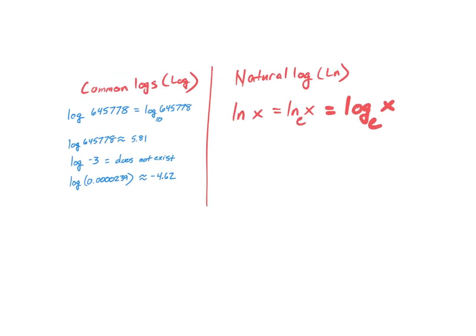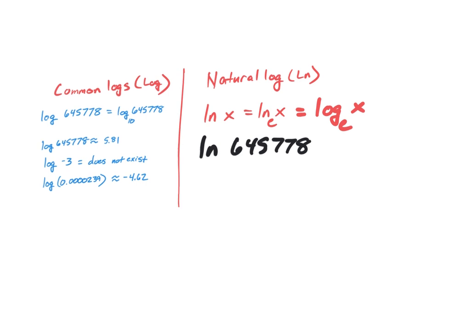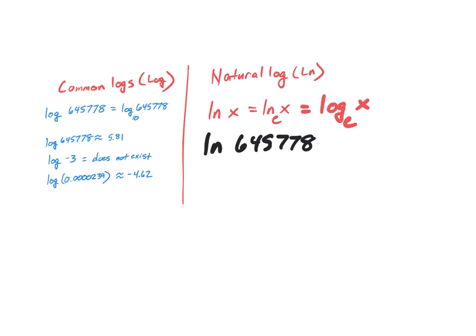But if I were to say, what is the ln, and I'm going to use the same numbers I did over on the right, the ln of 645,778, just like we did over here, but we did log instead of ln, we can type that one into our calculator.